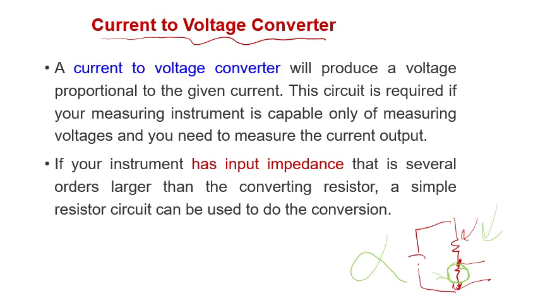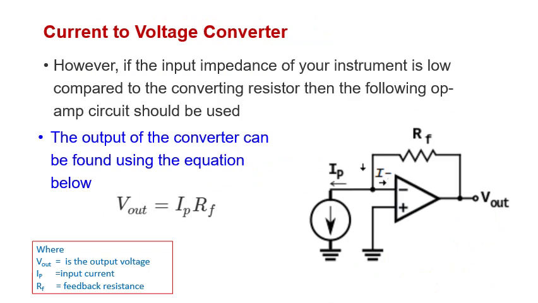That's why it's preferable to use the method in the next slide. In this method, we are going to use the operational amplifier. So whenever you are asked to convert current to voltage, use this circuit. Don't use any other circuit, because this is applicable everywhere. The circuit is nothing but an amplifier with feedback resistance, as you see, and the current is connected to the input without a resistance at the input.